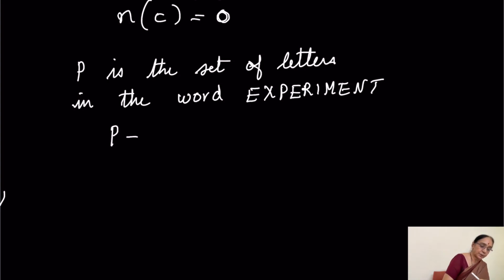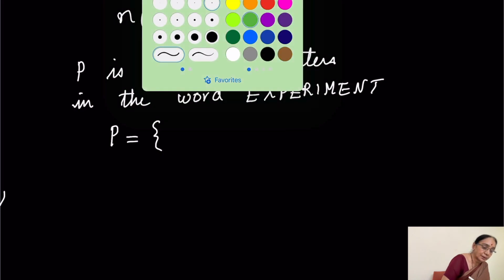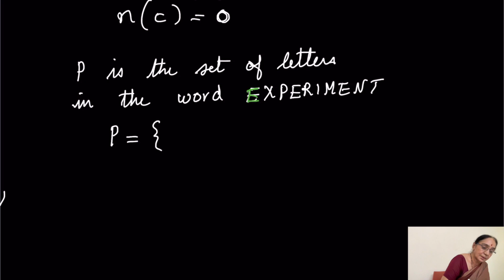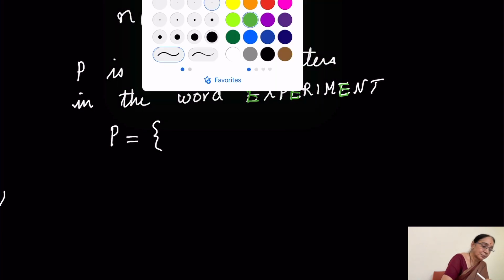So P is equal to, now you write out these alphabets, but don't repeat any element. See, the elements in the set are not repeated. You write it only once. So even though there are two E's here, you can see that there is an E over here and there is an E. Oh, it repeats 3 times. You are going to write it only once.